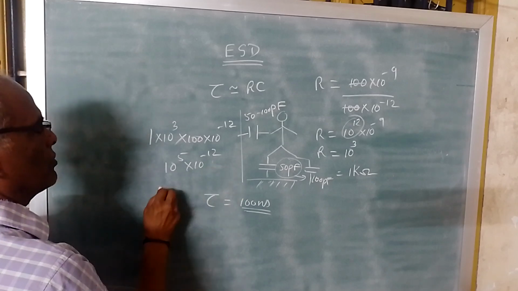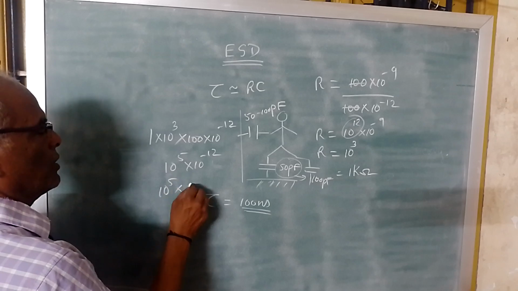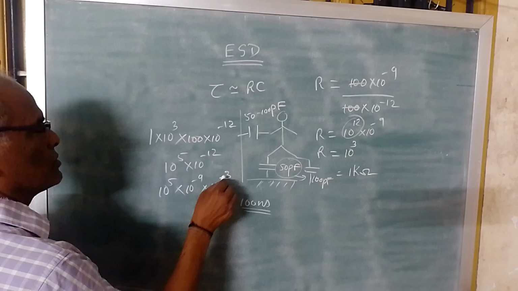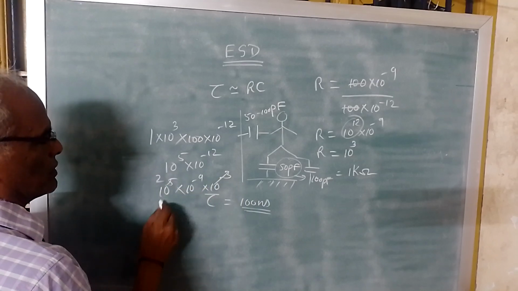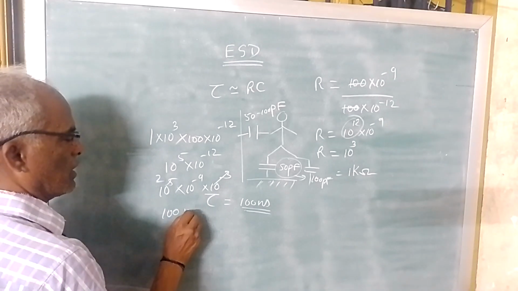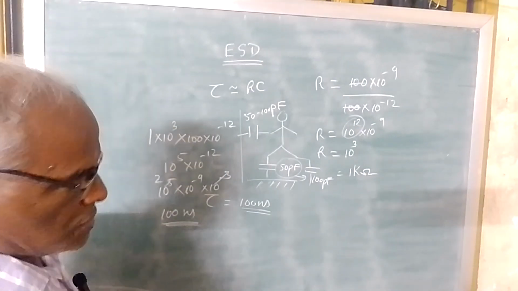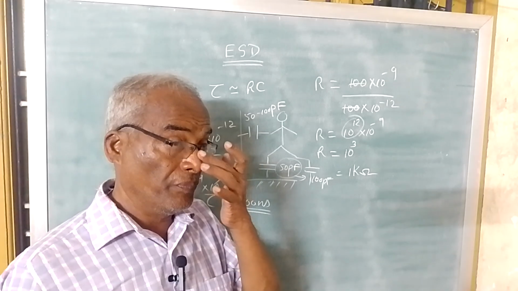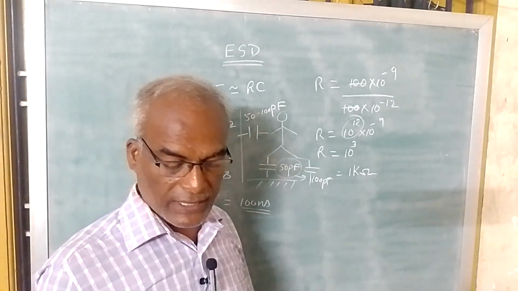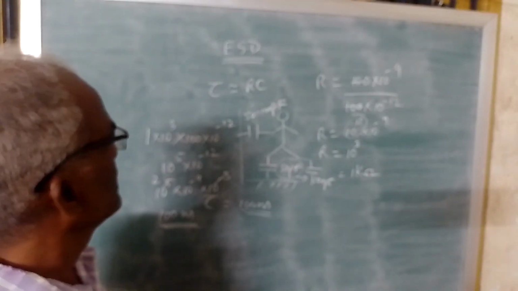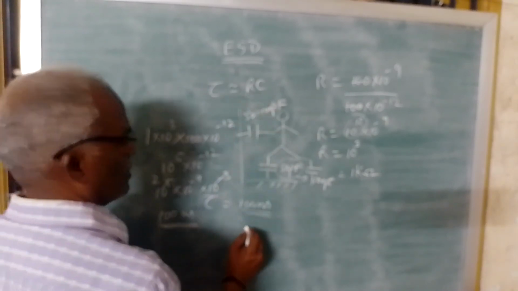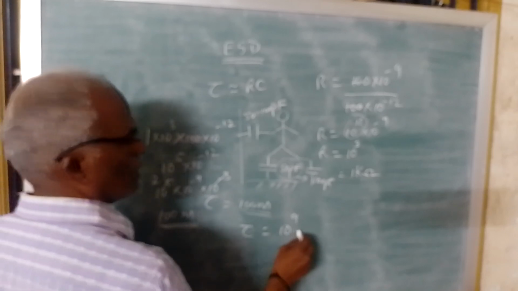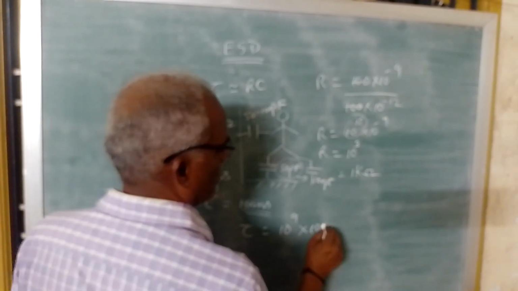This can be split into 10 power 5 into 10 power minus 9 into 10 power minus 3. So this will give 10 square, which is 100 nanosecond. So if you give this time, then there will be a smooth discharge. For this case, for example, if you consider R to be 10 power 9 ohms, and C is 100 picofarad.